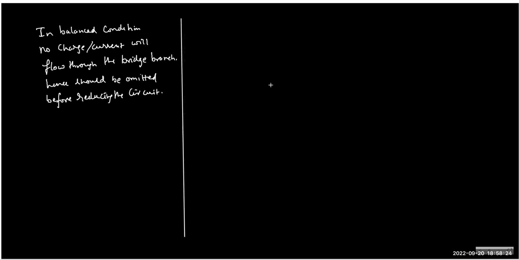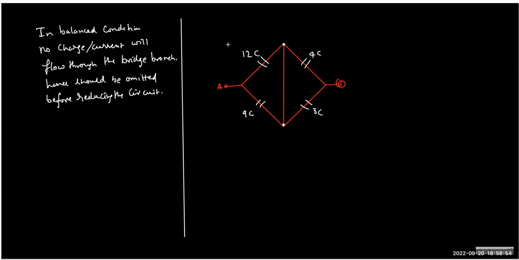So I'll give you a quick circuit. Let's say this is A, this is B, and we have capacitor here, C, 3C, and say 12C, 3C, 9C, 4C, and then we have one more capacitor of value 2022C.